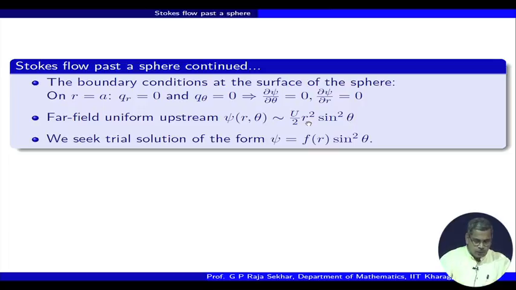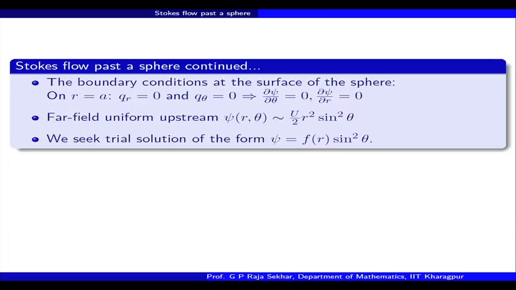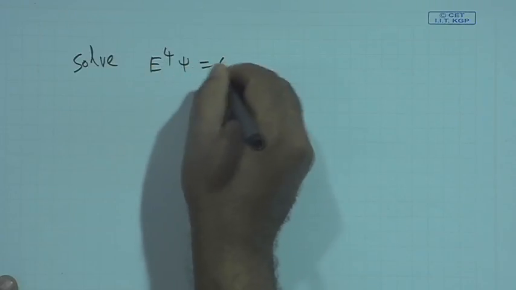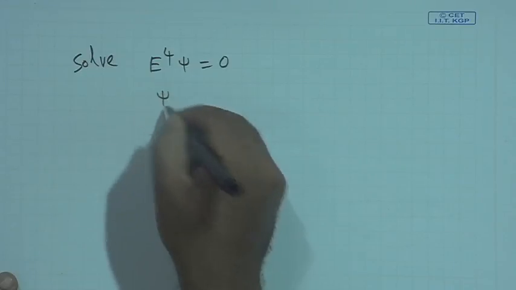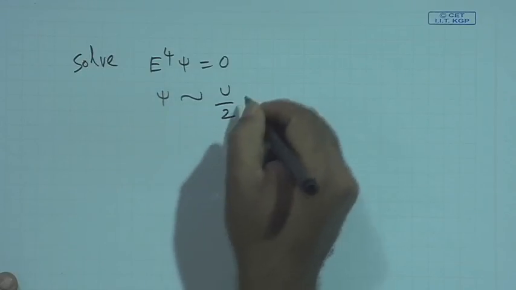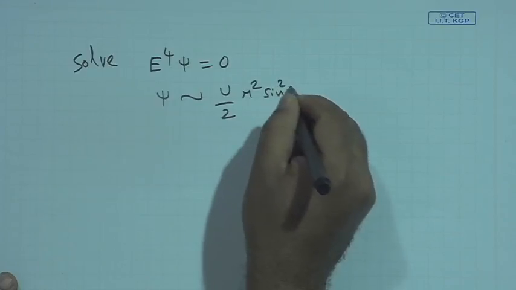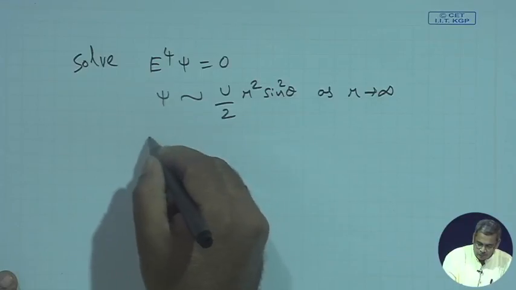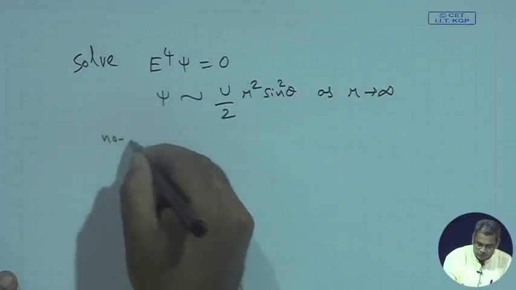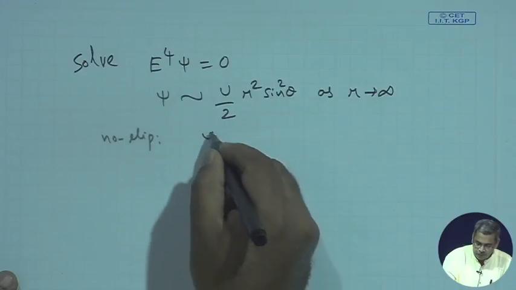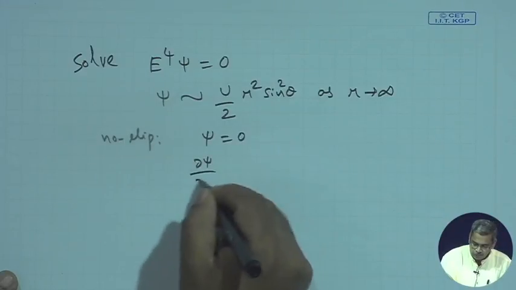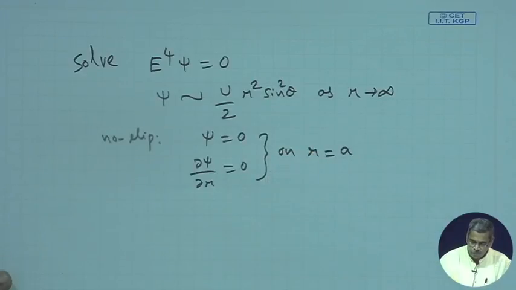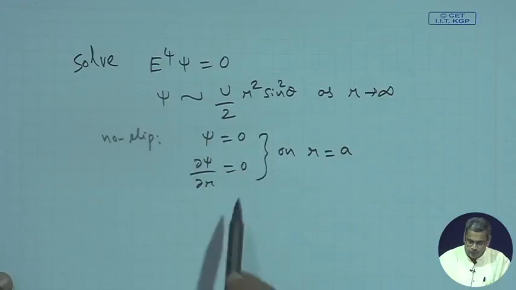The problem at hand is now: solve E to the fourth psi equal to 0 such that psi goes like the far field form as r goes to infinity, and then we have no slip, which is nothing but psi equals 0 and the derivative of psi is 0 on r equals a. So the problem is reduced to this.